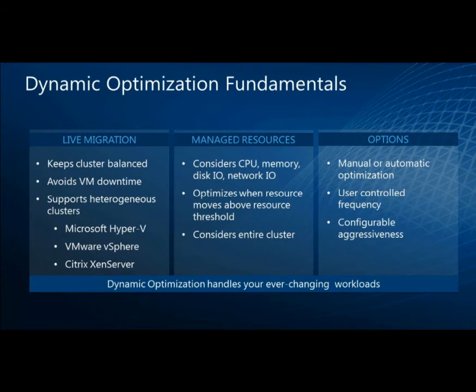What that really means is that when I'm going to move systems around, if I gain an advantage, if I look at intelligent placement, we have these things called star ratings. If I gain an advantage on the star ratings, where moving a VM from one system to another frees up a 0.2, 0.4, 0.6, or 1-star rating, we're going to make that move, depending on how aggressive you're set.